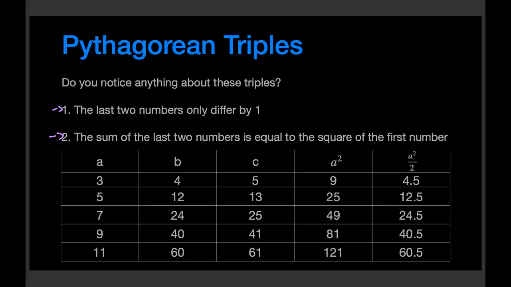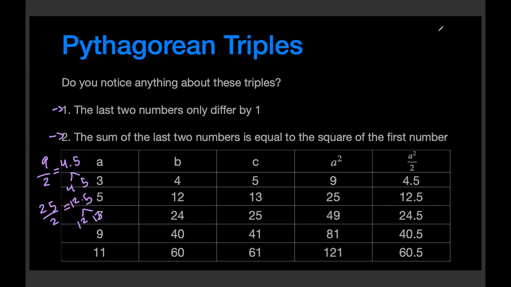So we take 3 squared, that's 9. 9 divided by 2 is equal to 4.5, and that's between 4 and 5. And that keeps working, right? 5 squared is 25, divided by 2, that's 12.5. And so we know my next two numbers are going to be 12 and 13.